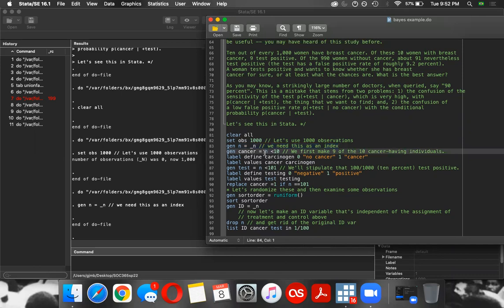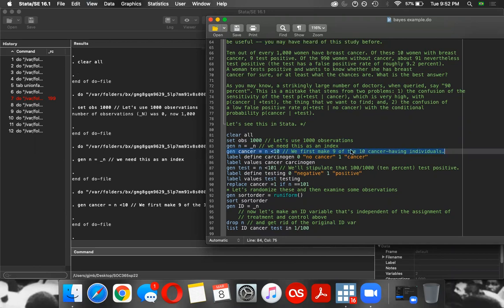Now I'm going to use the truth syntax to tell Stata to give a 1 on the variable cancer, because we haven't labeled it yet, to the first 9 individuals. So 9 of the 10 cancer-having individuals will be the first 9 people.